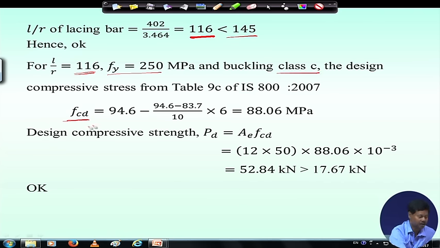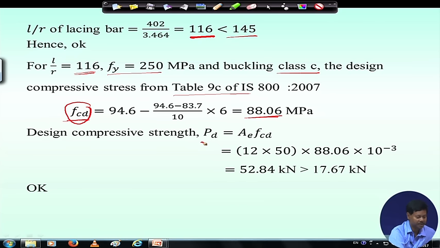So, according to that condition we can find out the value of compressive stress from table 9c, which will be this 88.06, and this can be found by interpolating results for L by r equal to 110 and L by r equal to 120. So, this is how we can find out the fcd value, right.